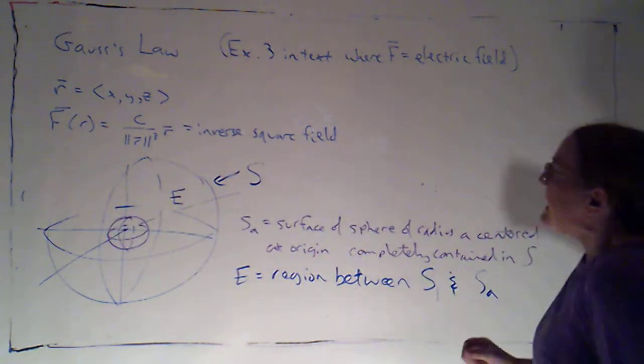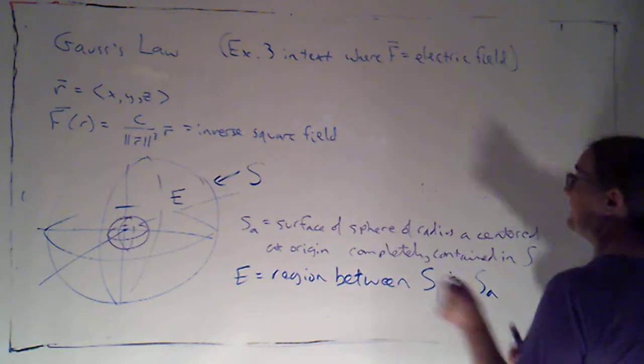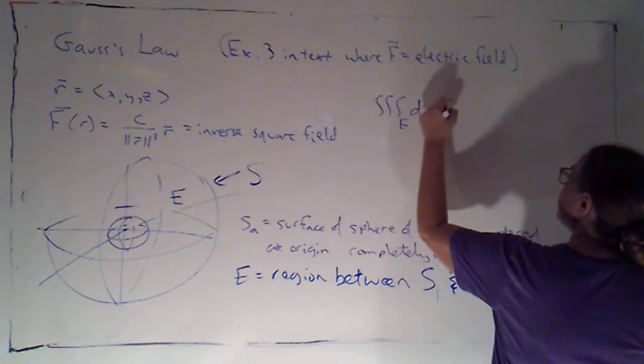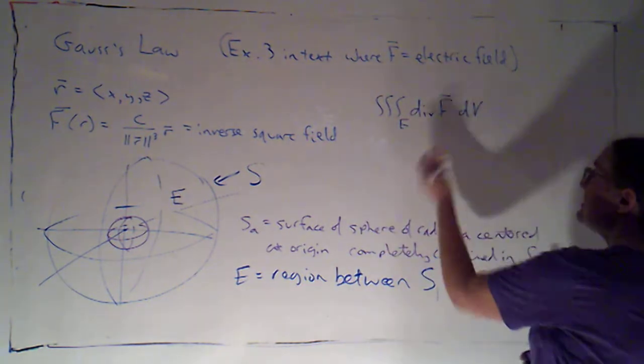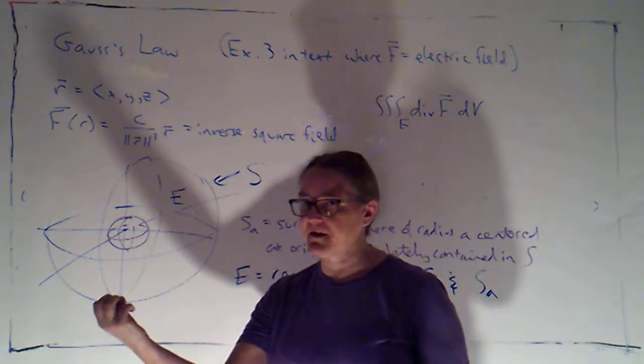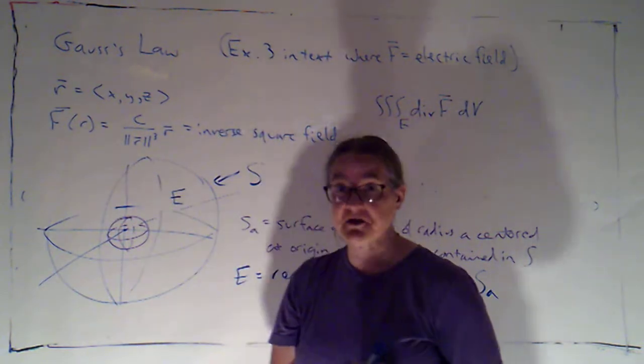Okay. Now, I know that now over E, the triple integral over E of the divergence of f dV, that's now well defined because the origin, which was the point where the divergence of f was undefined, that was part of the Tootsie. We removed it from the Tootsie Pop.